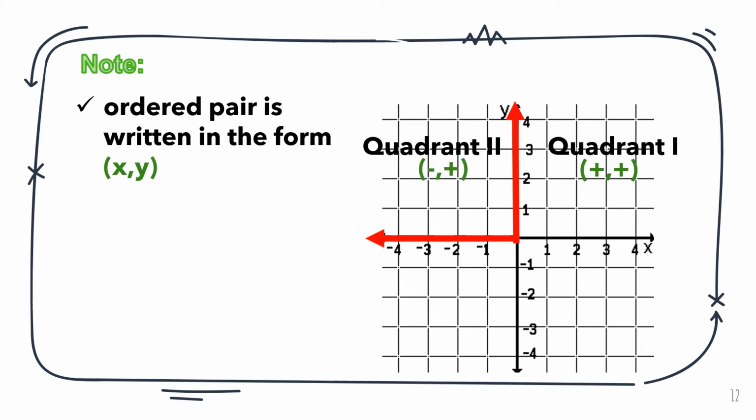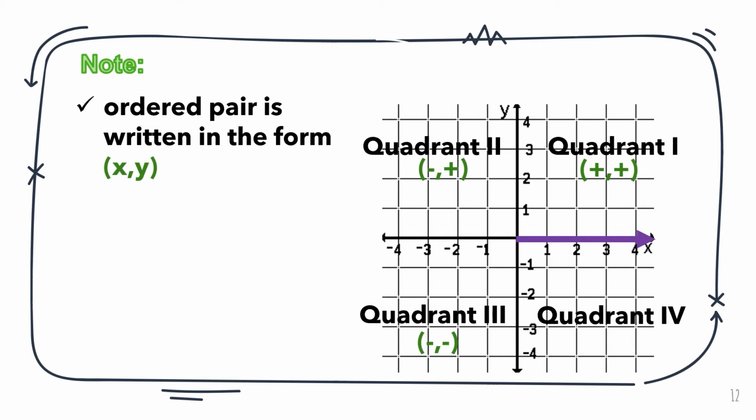The sign is negative, positive. For quadrant 3, x values on the left side, y values downward. The sign is negative, negative. And for quadrant 4, x values on the right side, y values downward. The sign is positive, negative.